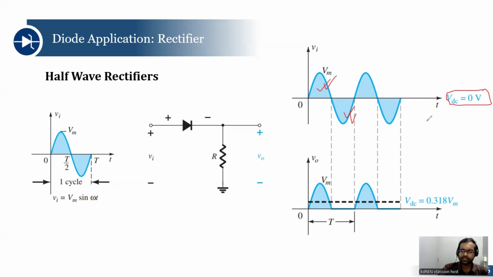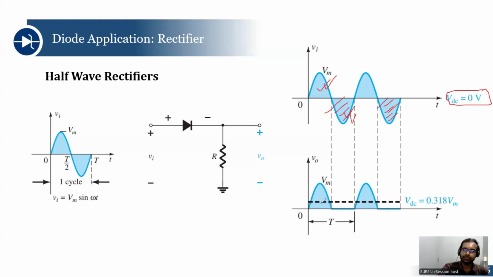But there are certain applications and appliances where we need the positive portion only or the negative portion only. In those cases, we need to cut down one of the phases, one of the cycles.